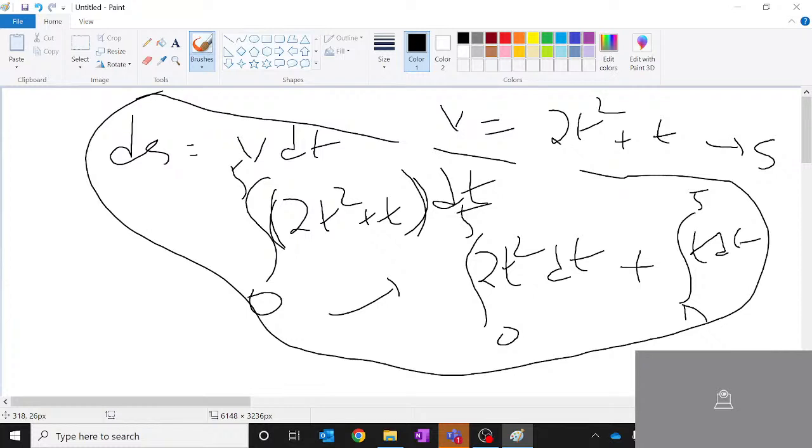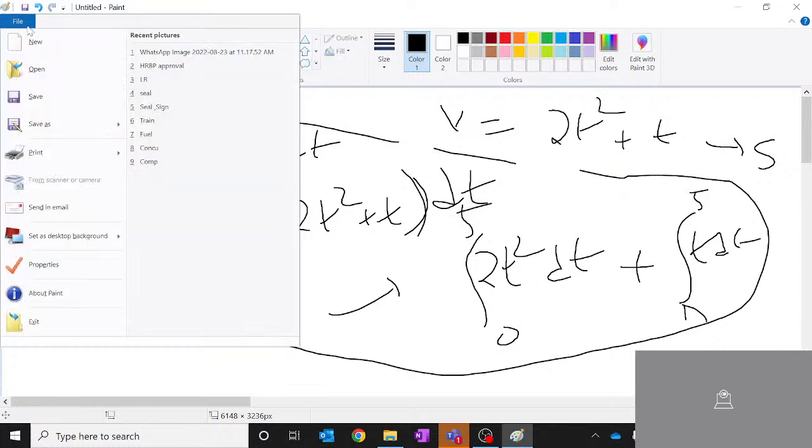Clear? Now in a similar way, acceleration a is nothing but dv by dt, which is the change in velocity over time. That is what your acceleration is.